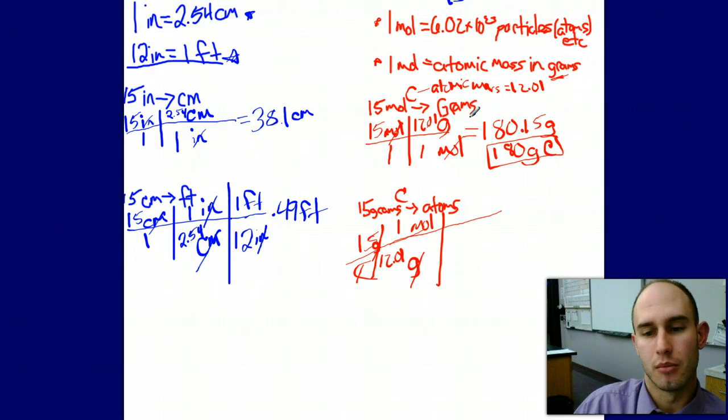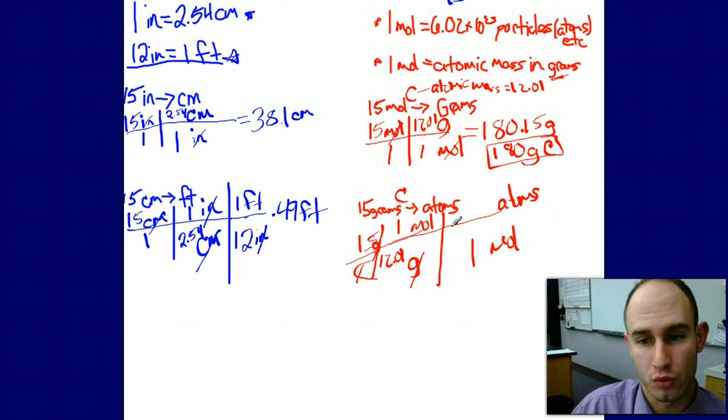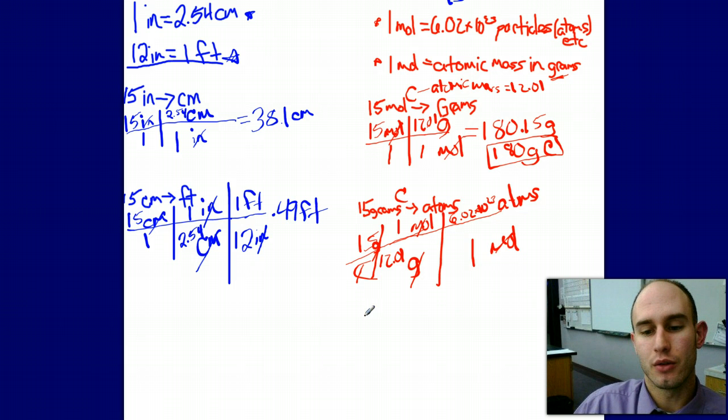So, moles on top, we'll put moles on the bottom, atoms on top. In 1 mole, how many atoms are there? How many particles are there? Avogadro's number, 6.02 times 10 to the 23rd atoms in 1 mole. I will divide and then multiply to get my final answer.